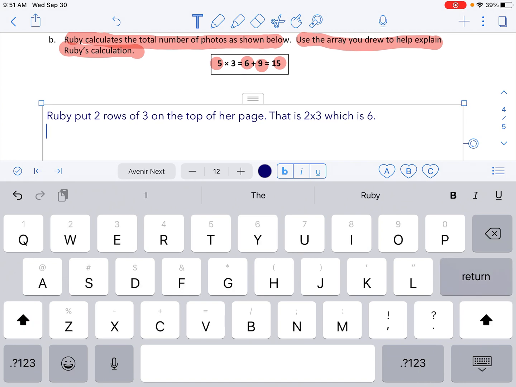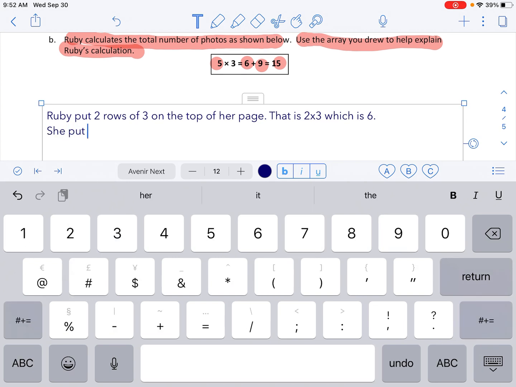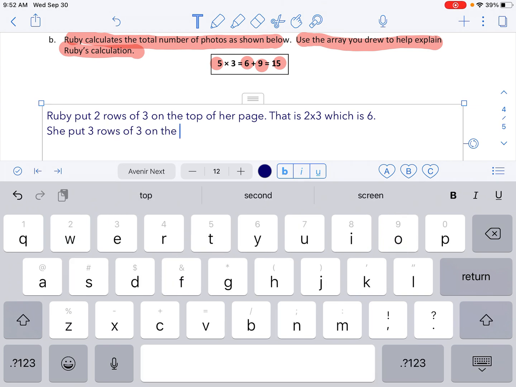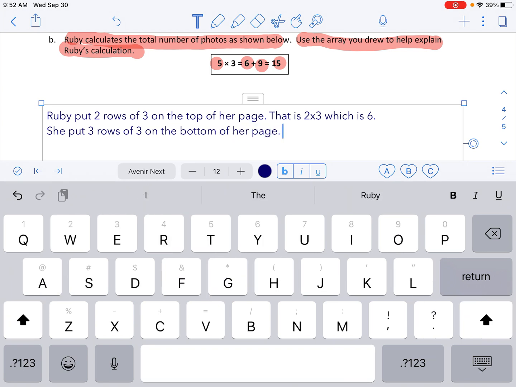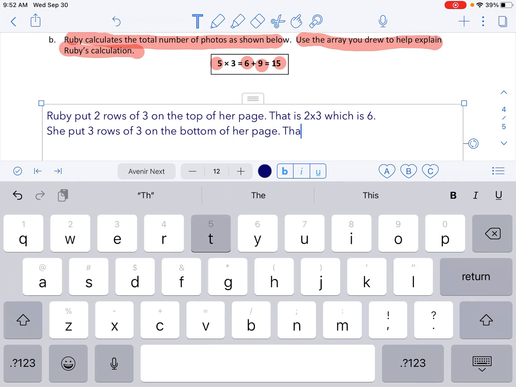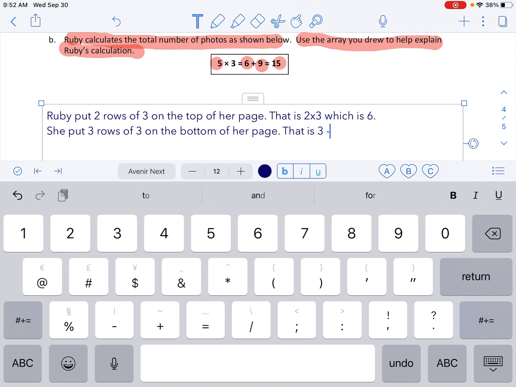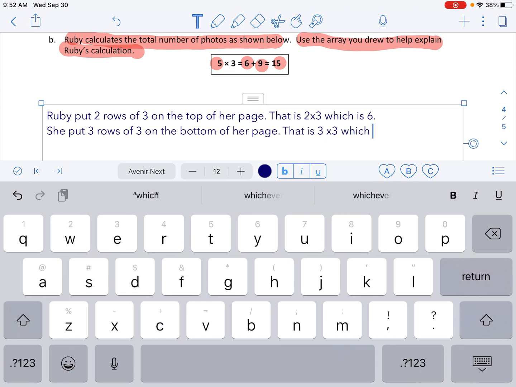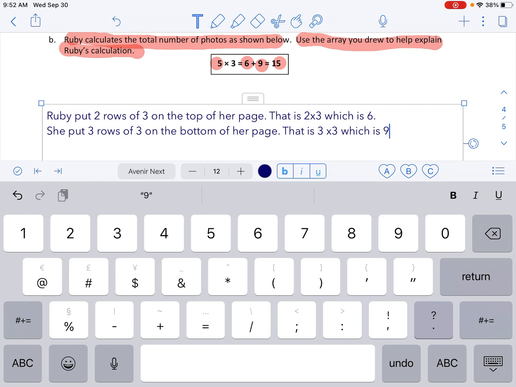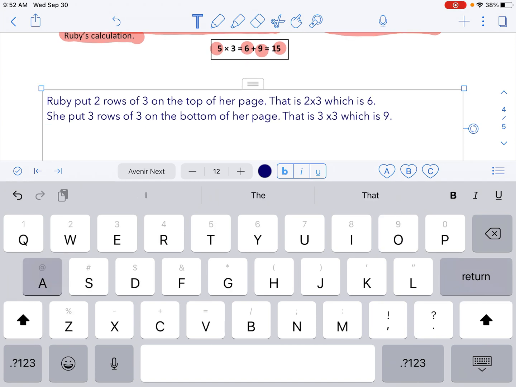That's what she did on the top. So what did she do on the bottom? She put 3 rows of 3 on the bottom of her page. That is 3 times 3, which is 9.